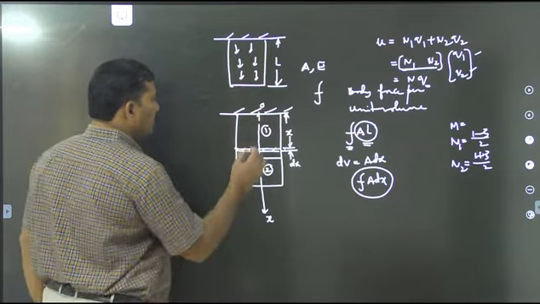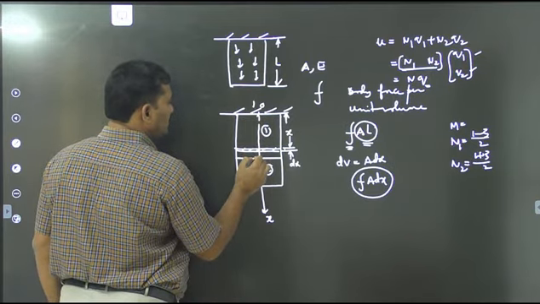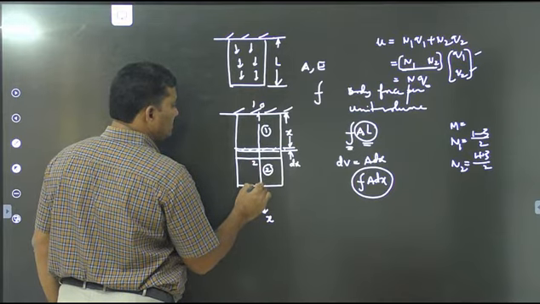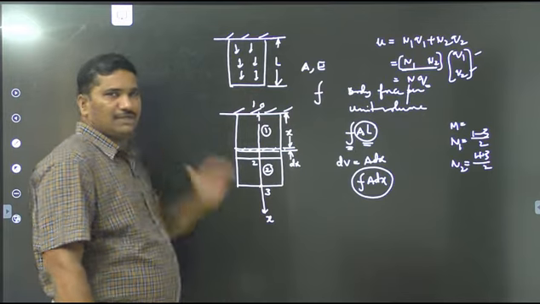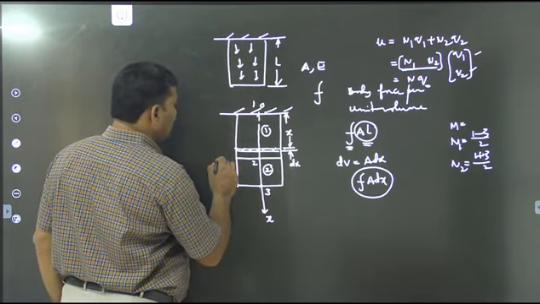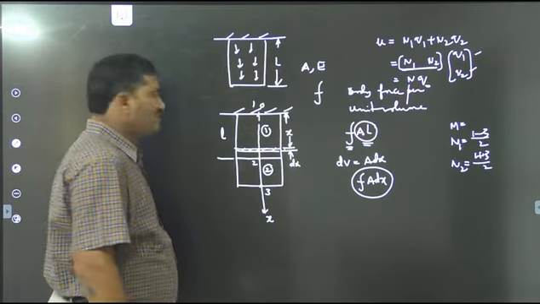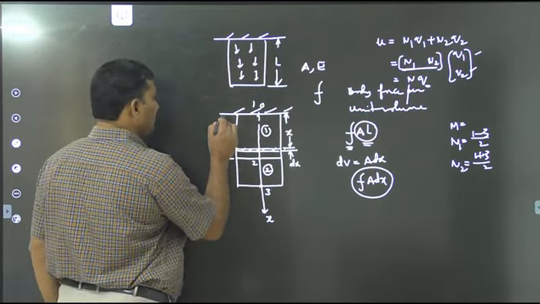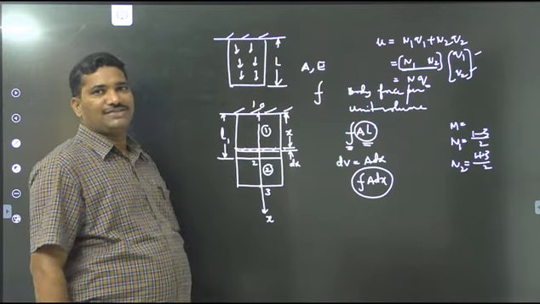Therefore, what are the nodes here? This is the first node, say 1. This is the second node, say 2. This is the third node, say 3. We have 2 finite elements here. This is the length of the first element, say L1.